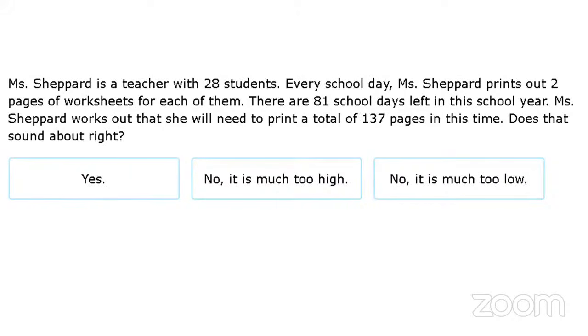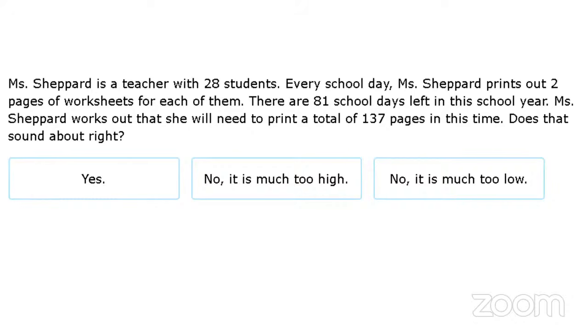Every school day, Miss Shepherd prints out 2 pages of worksheet for each of them. There are 81 school days left in this school year. So Miss Shepherd works out that she will need to print a total of 137 pages in this time. Does that sound about right?